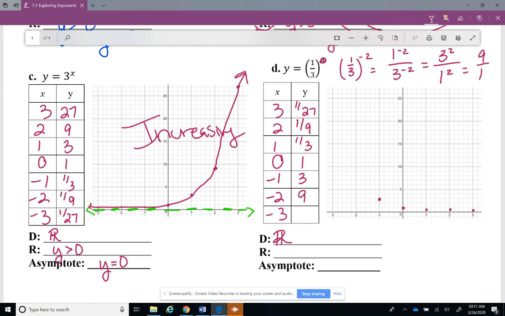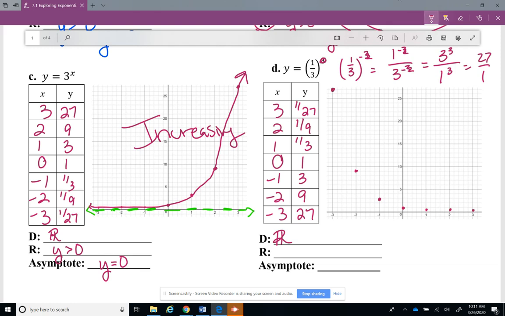So that's 9. So -2, 9. All right, and then we're going to have -3. So when we put -3 there, when we switch them, we're going to have 3 to the 3 on top and 1 to the 3 down bottom. So 27/1, which is 27. So -3 and then all the way up to 27.